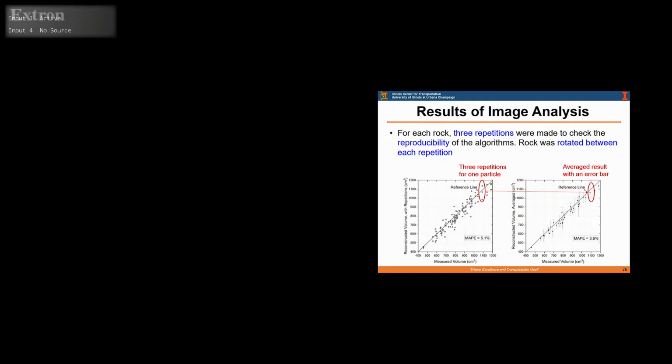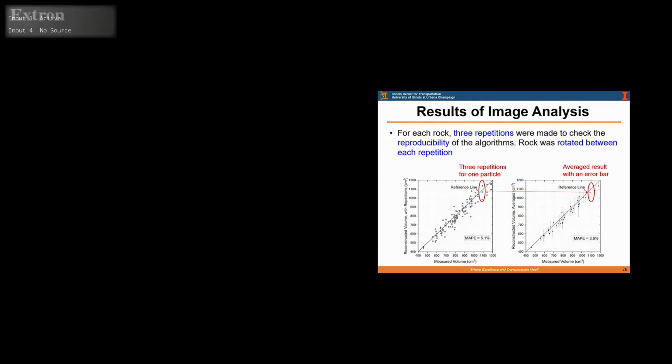Secondly, the y-axis is the reconstructed volume from the image analysis. The x-axis is the measured volume, and there is also a 45-degree line serving as a comparison. Over it means overestimation, underneath it means underestimation. And lastly, there is a MAPE term in the legend.